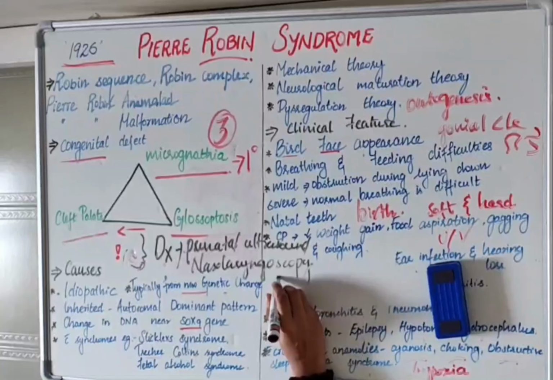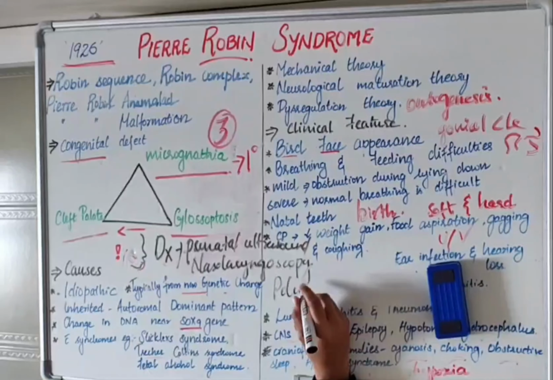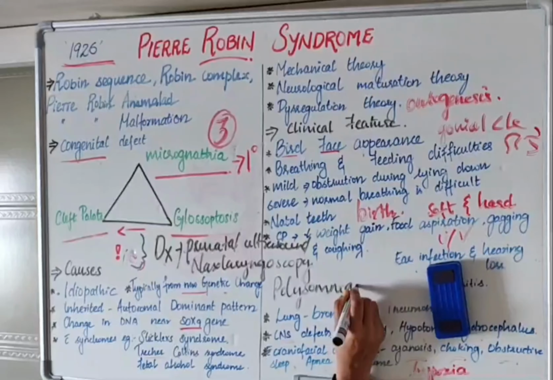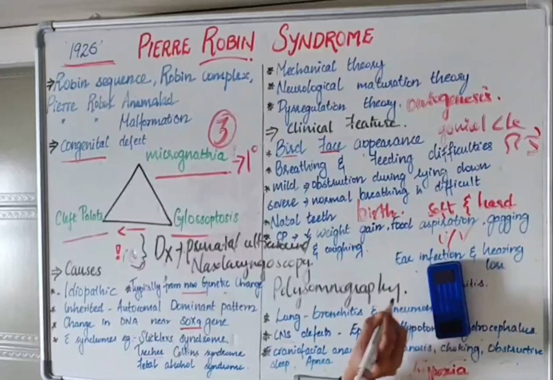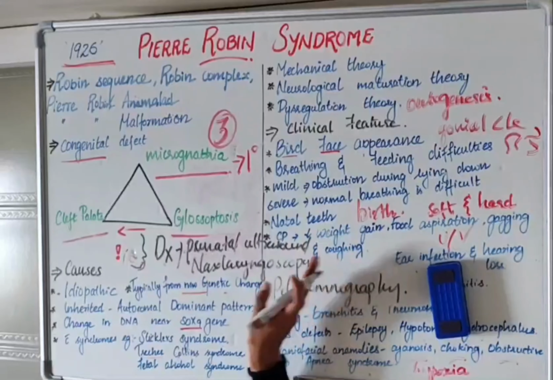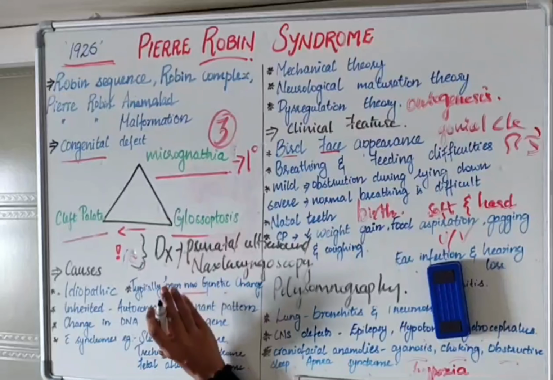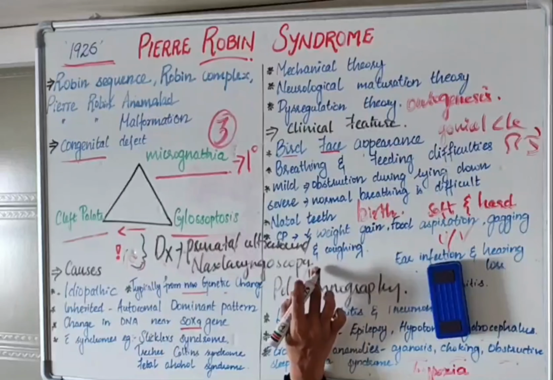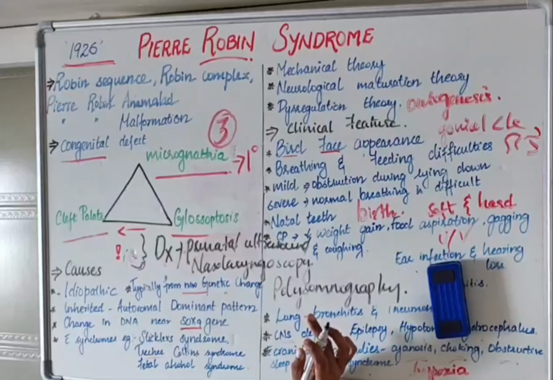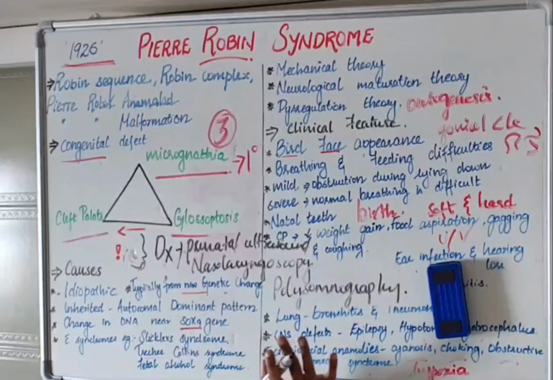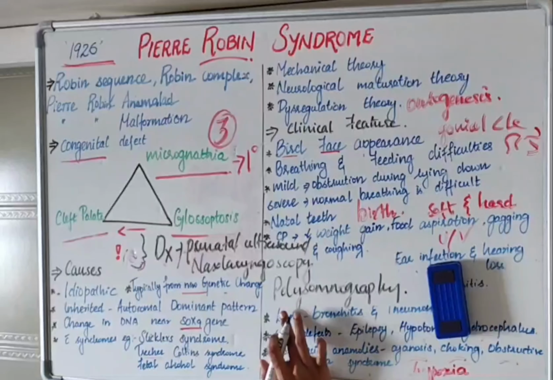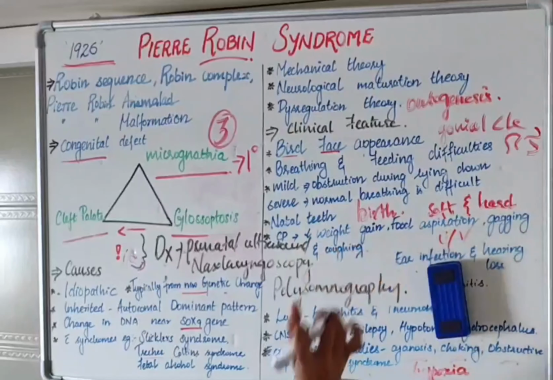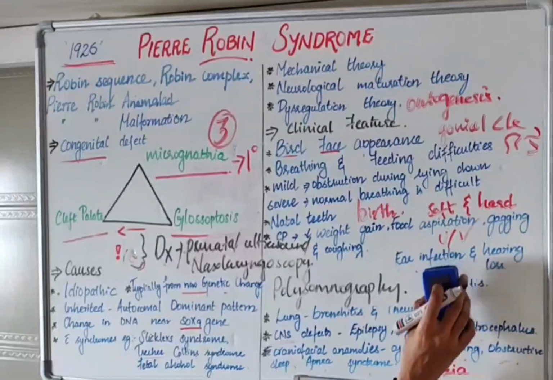That is called polysomnography. So prenatal ultrasound before birth, and after birth, how much obstruction there is we can find through nasolaryngoscopy, and the brain activity and oxygen level during sleep by polysomnography. But of course, the clinical features are also important.